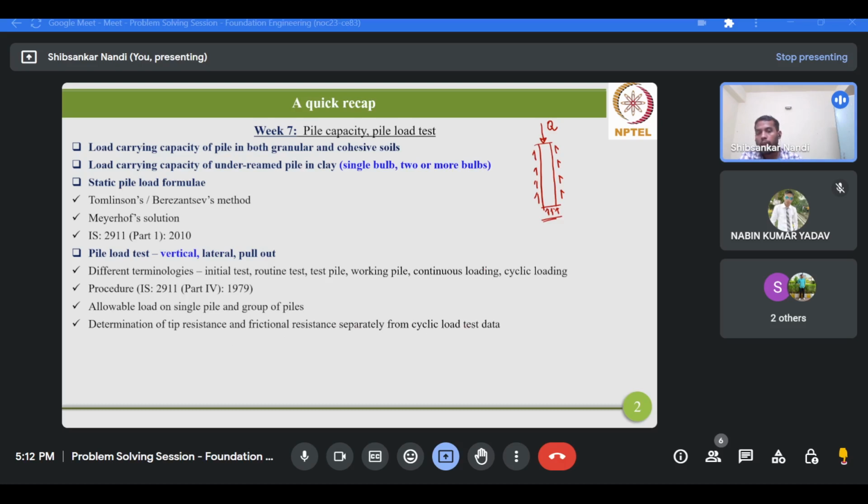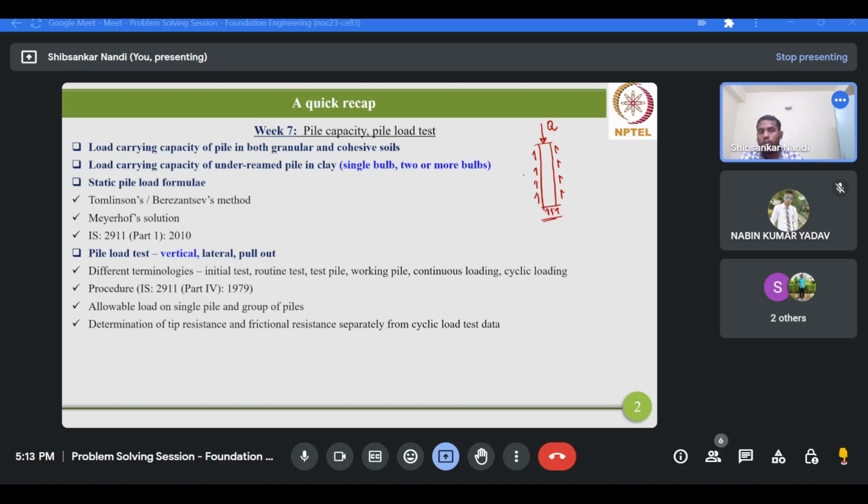Whereas if you have the cyclic load test data, you can determine the tip resistance and the frictional resistance of the pile separately, though this procedure is quite laborious. However, you can determine these resistances separately by utilizing the cyclic load test data.